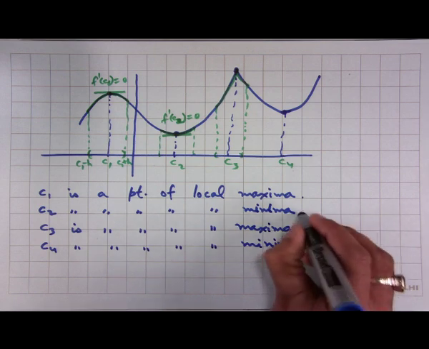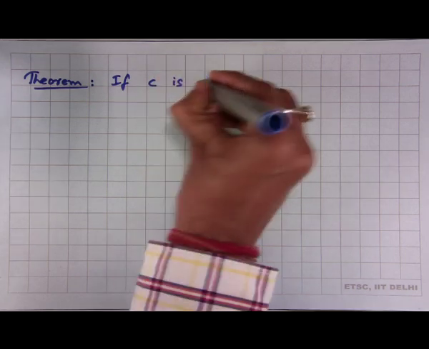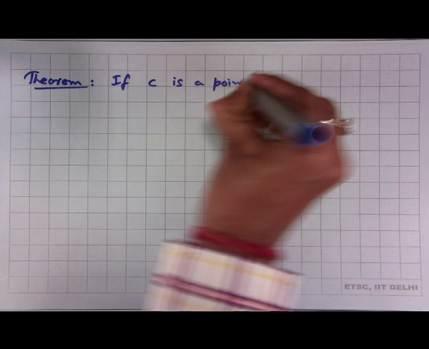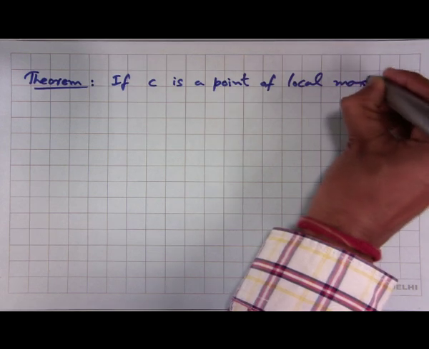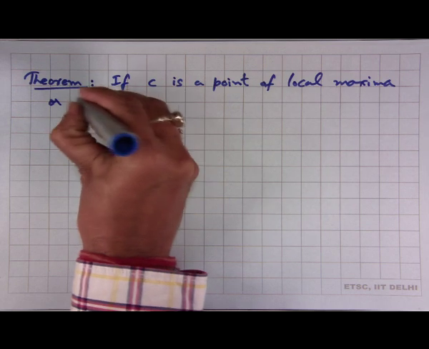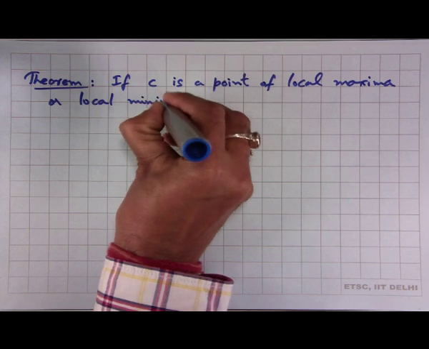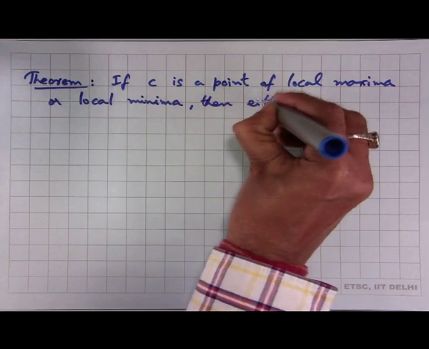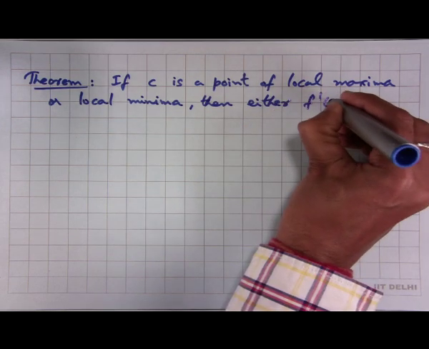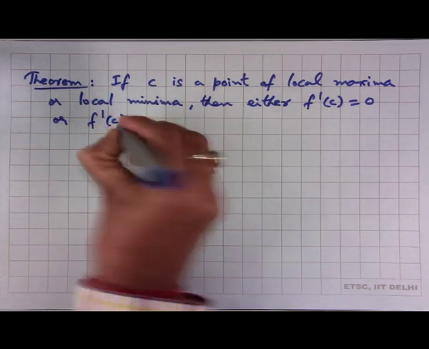What we know is that if C is a point of local maxima or local minima, then either f prime C is equal to 0 or f prime C does not exist.